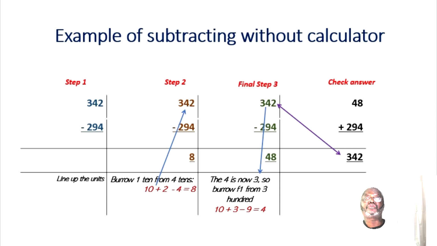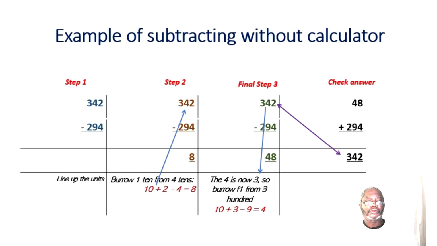So remember, 1 from the tens column is actually 10 in the units column. So borrow 1 from the 4 under the tens column and add it to the 2. So 10 plus 2 is 12. Now you can do your work. 12 minus 4 is 8.